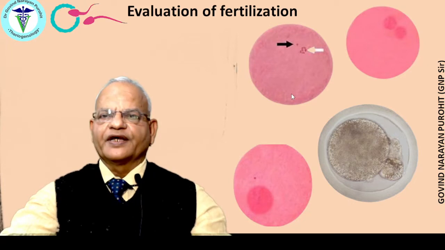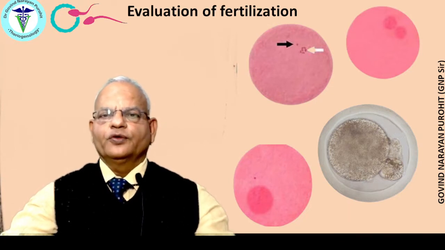And then one can find either a metaphase 2 plate and a sperm head, or one can find male and female pronuclei, or the pronuclei intermingled and the zygote is complete, and one can also visualize the two polar bodies that have been extruded. So that way one can evaluate fertilization.